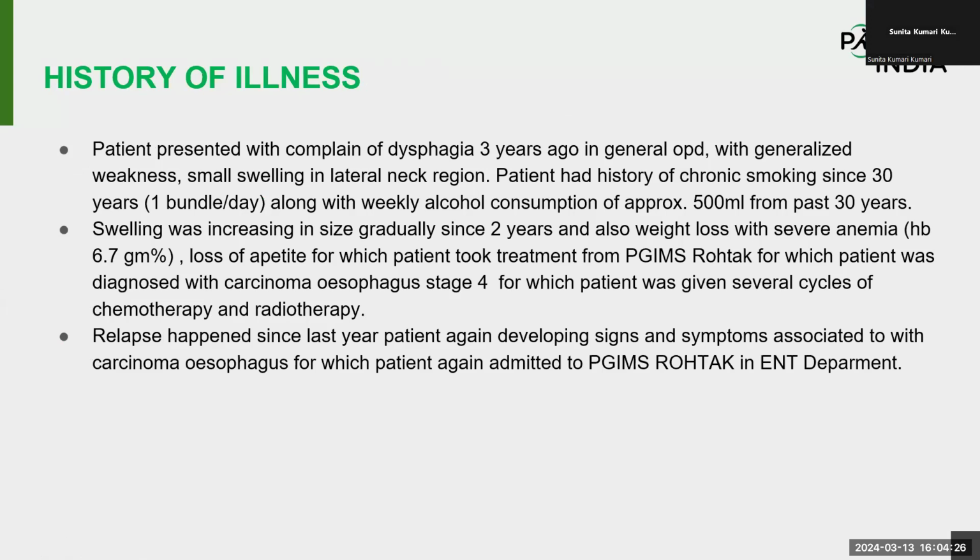Patient presented with the complaint of dysphagia 3 years ago in the OPD with weakness and small swelling in the lateral neck region. Patient had a history of chronic smoking, a bundle a day for 30 years, along with weekly alcohol consumption of approximately 500 ml for the past 30 years.